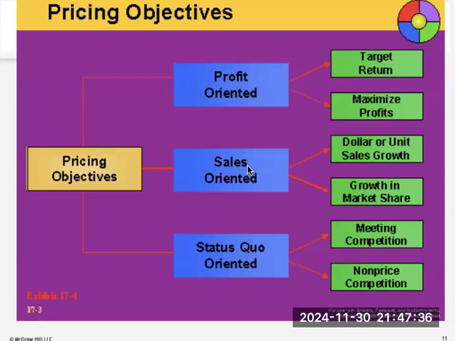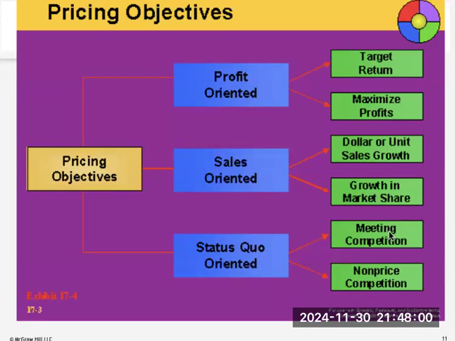Or you can have a sales oriented strategy. You want your sales to grow, you want to grow your market share. Status quo is when you're worried about going into a market and how you're pricing, and you just want to survive. You want stability.